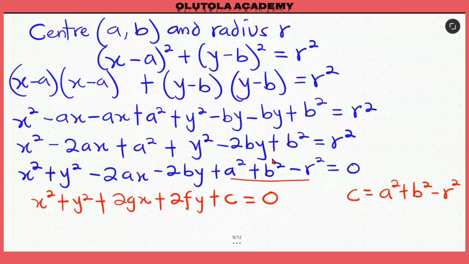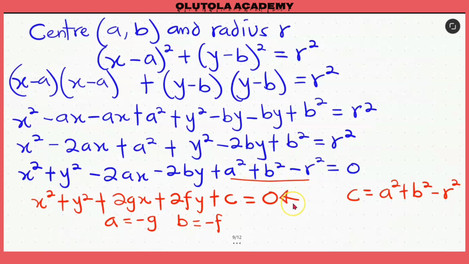All of these have been put in as constant c. Also, I have turned negative 2ax into 2gx. So it also means that a equals negative g, and b is negative f. So c is the whole of all these constants.